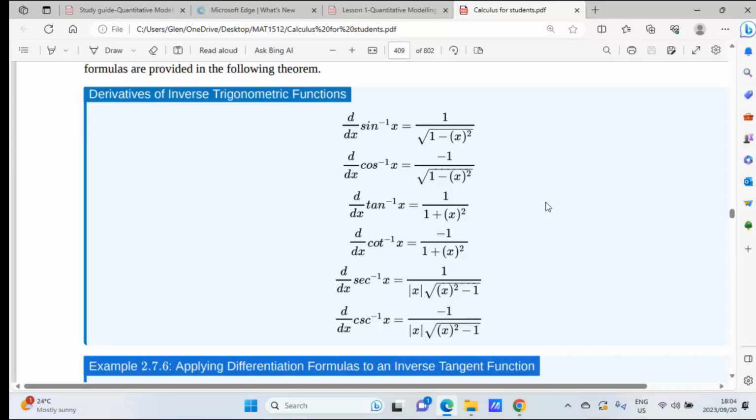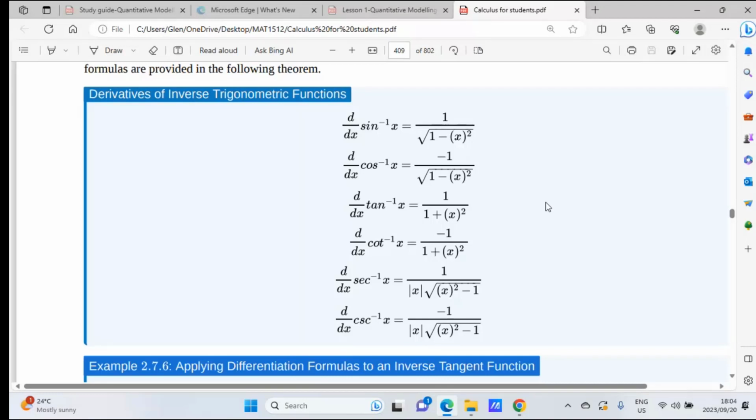Can you see the difference between the derivative of the inverse of tan and the derivative of the inverse of cot? What is the difference? -1, sir. Thank you.